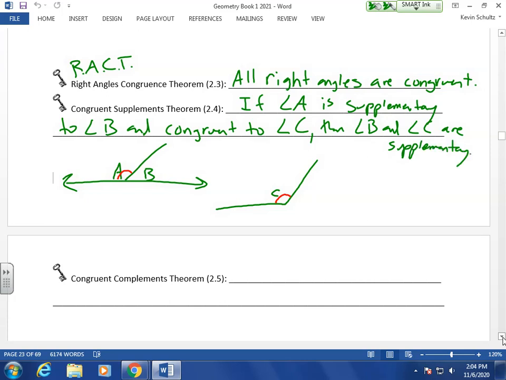Okay? Then angles B and C are supplementary. Kind of a cousin to the transitive property. You know, you kind of got that 3-part relationship here, but not exactly the same. It's not with equality necessarily, it's with supplementary angles. You with me so far? Within shouting distance anyway? No one's walked out of the room yet?